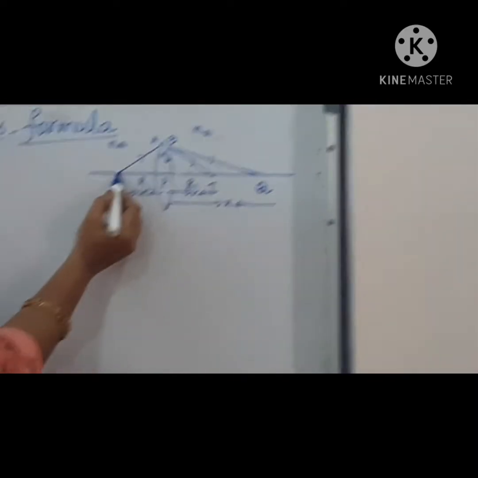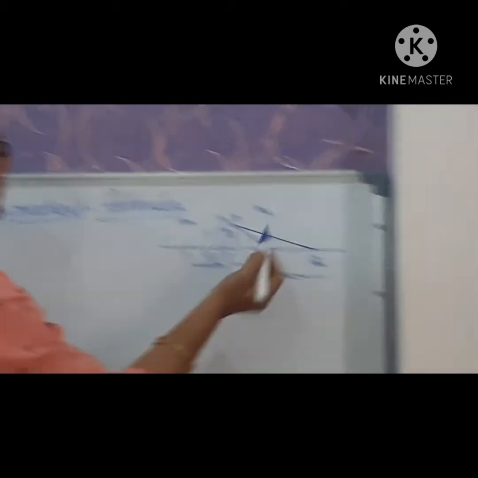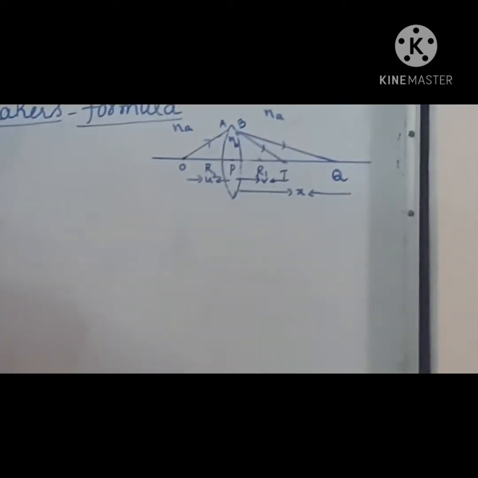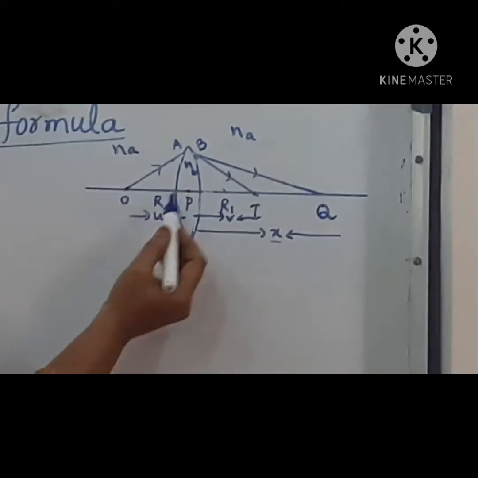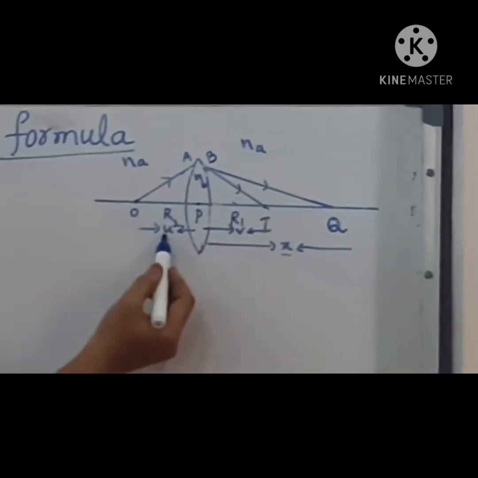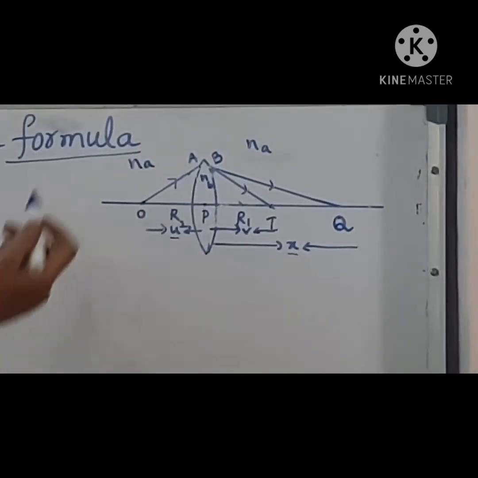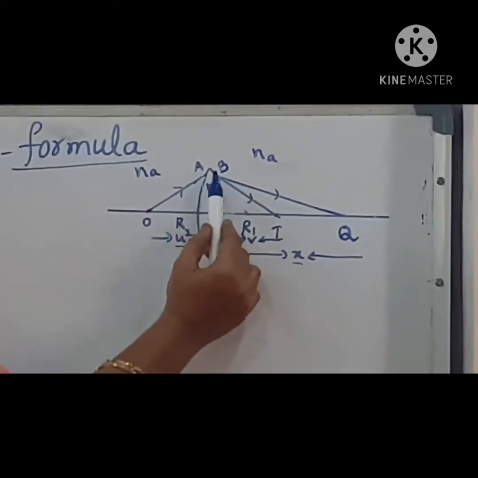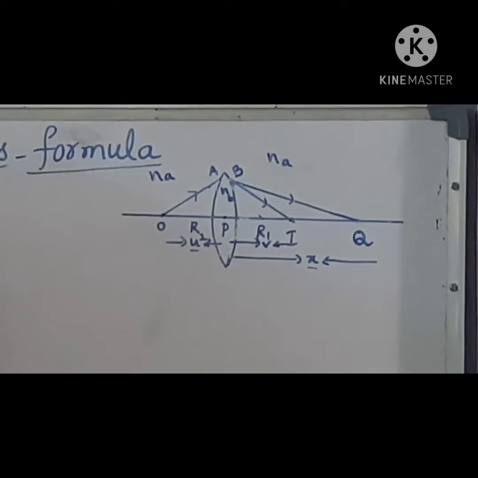After incidence at the curved surface at A and refraction, the ray meets the principal axis at Q. The distance from P to Q is called X, and the distance from P to O is called the object distance U. But this is not possible because there are two curved surfaces. If we observe carefully, refraction takes place two times.